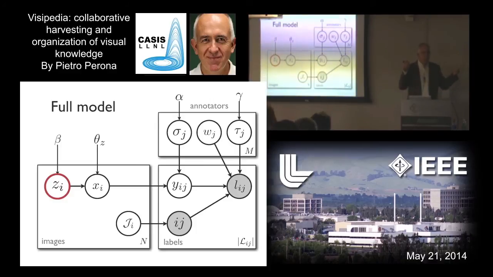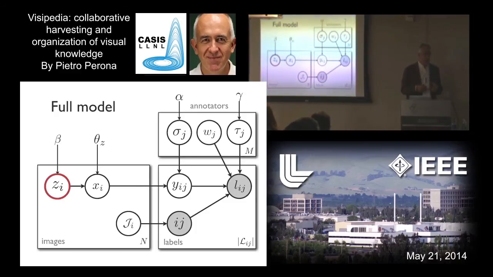But in the last 10 years, people have learned how to estimate those latent variables simultaneously with the ground truth. One way to think about it is a two-step process: you assume the variables, take average values that you are confident with, and estimate Zi. Once you have the Zi, you go back and estimate the variables. And once you have the variables, you go back and estimate Zi.